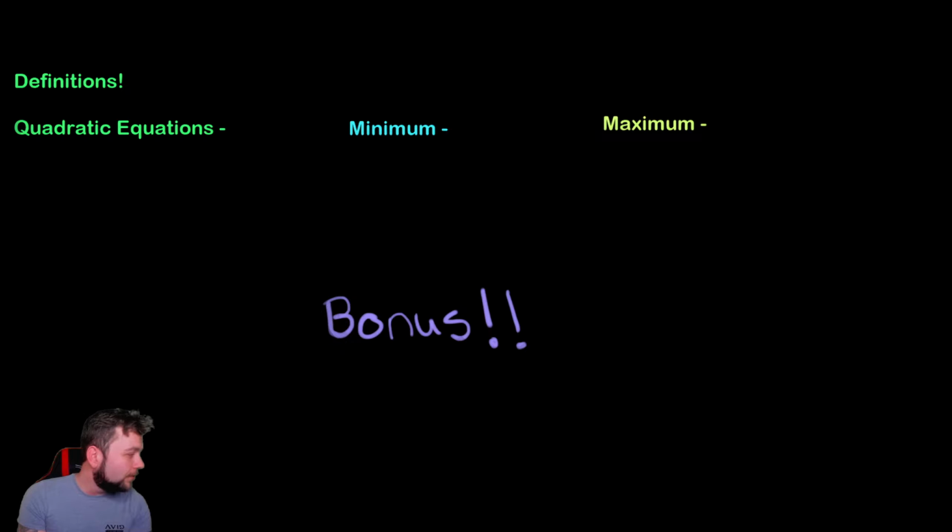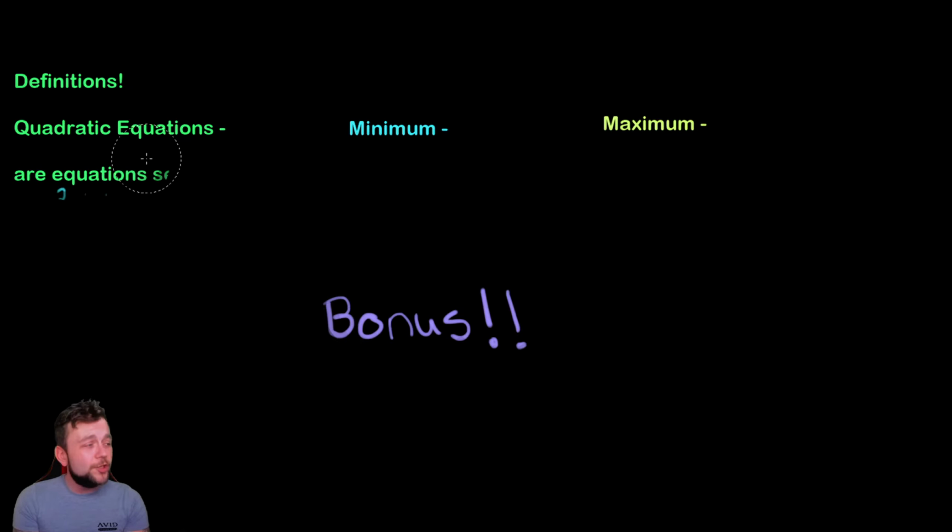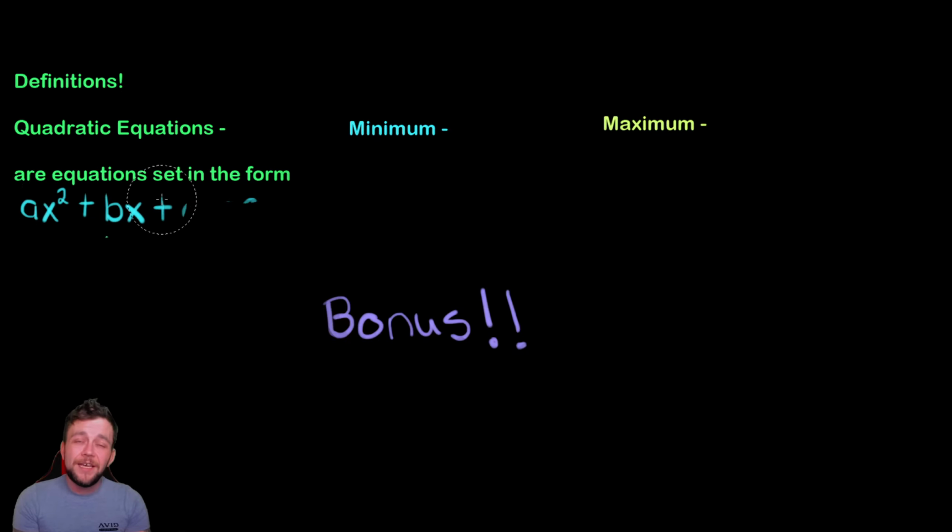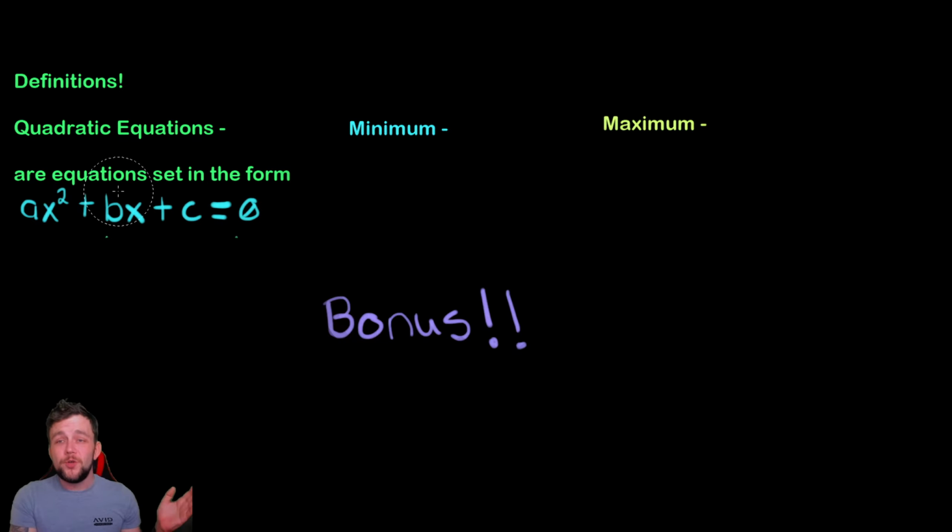So let's go to our layer and let's start to erase. So they are equations set in the form ax squared plus bx minus c equals 0. So this is your form of a quadratic equation, okay?